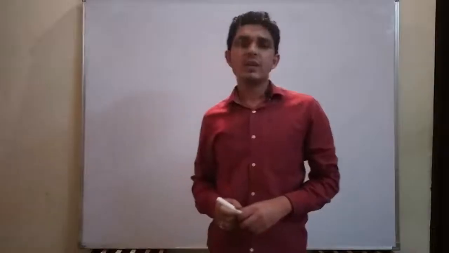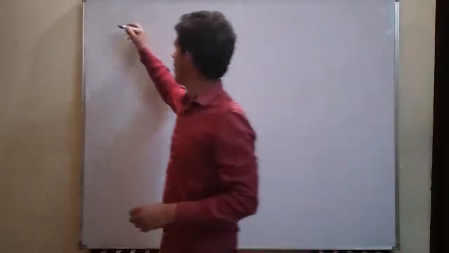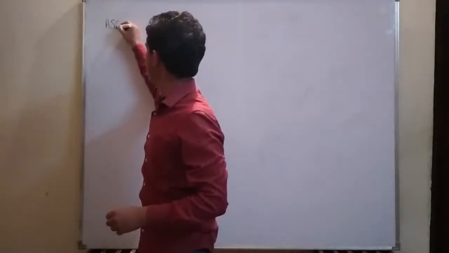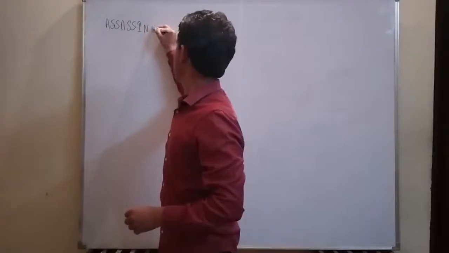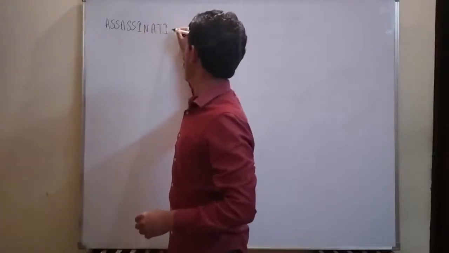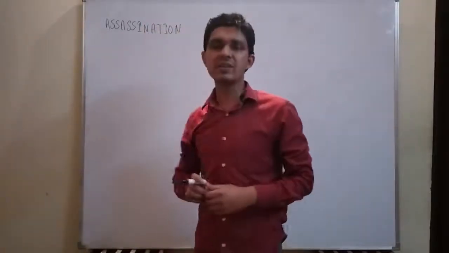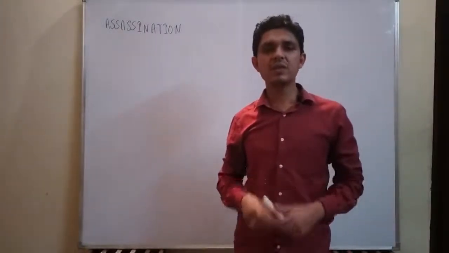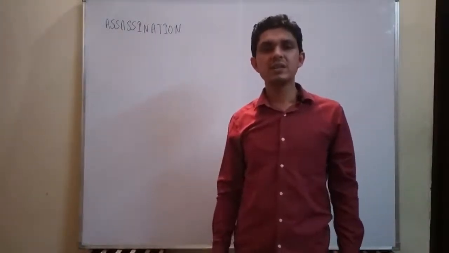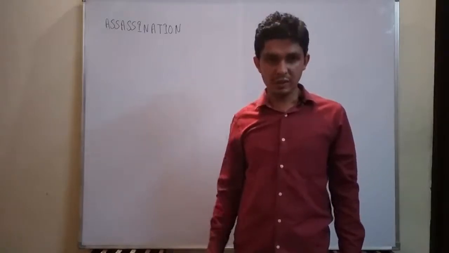Okay, one more question I would like to discuss with you. The word is ASSASSINATION. We have to arrange all the letters of the word ASSASSINATION such that all the vowels come together.